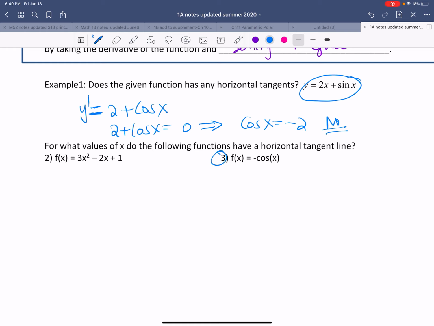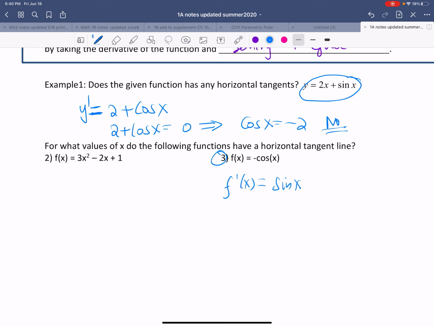I'm going to take care of f of x is equal to negative cosine x. Find what values of x does the function have horizontal tangent. So let's go ahead and find the derivative and set that derivative equal to 0. Is there any point where that f prime of x, which is sine of x, is 0? Where is the sine x going to be 0?